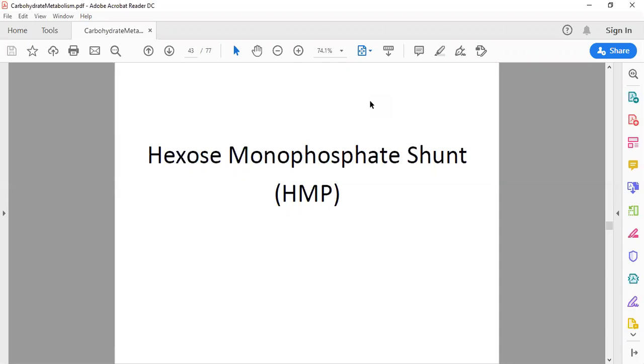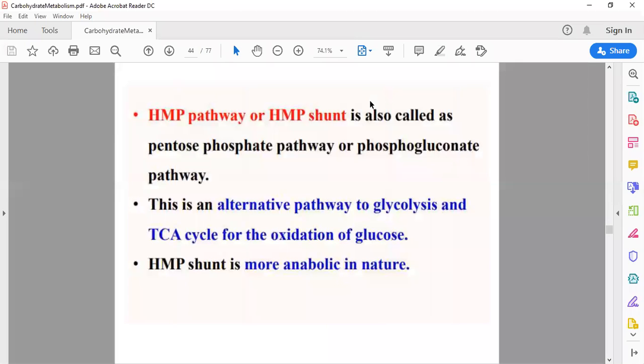So there are different names for this pathway. This is the alternative pathway of glycolysis and TCA cycle for the oxidation of glucose.